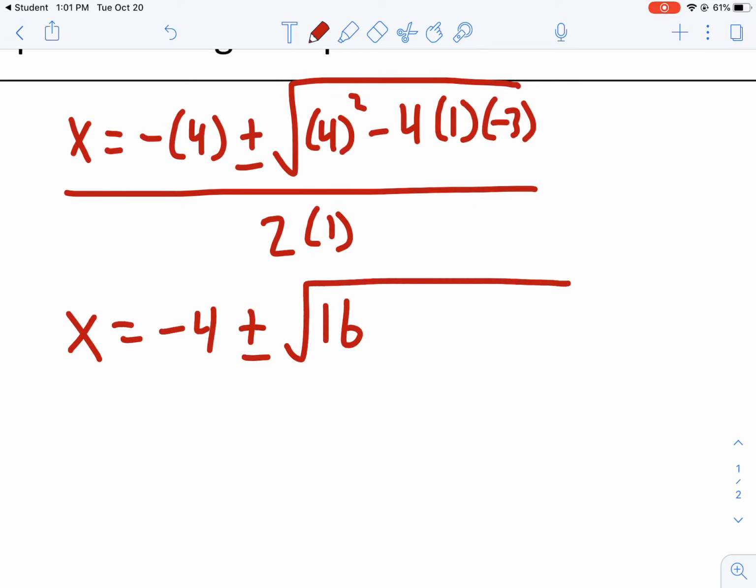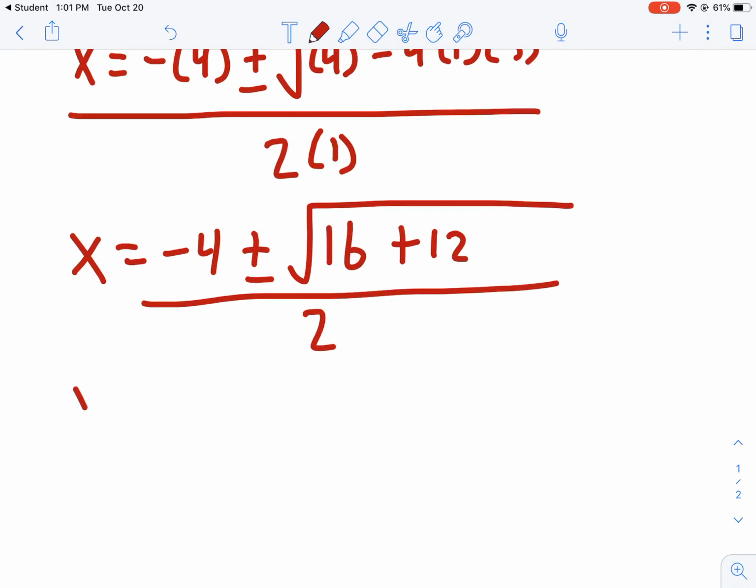So -4 times 1 is -4, and -4 times -3 is +12. A negative times a negative is a positive, so you've got to be careful with your negative signs. Then it's all over 2 times 1, so that's just 2.